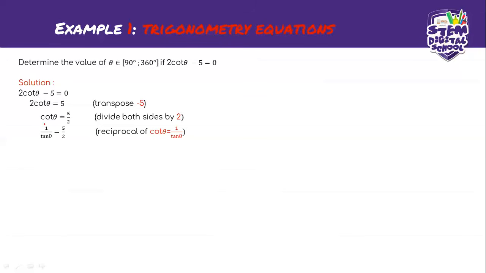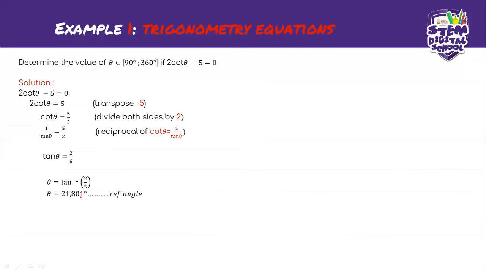So we had to change this cot. Then from here, we are going to cross multiply. After the cross multiply, we obtain tan theta equals 2 over 5. Then you make theta the subject of the formula.